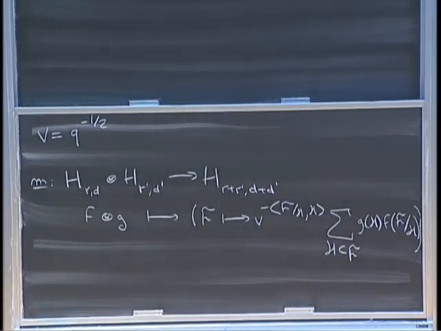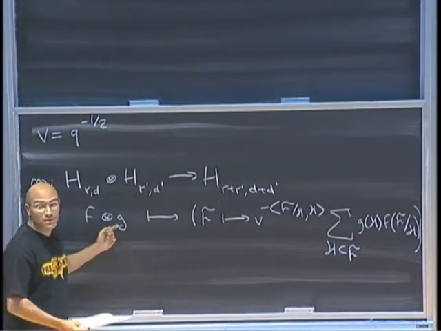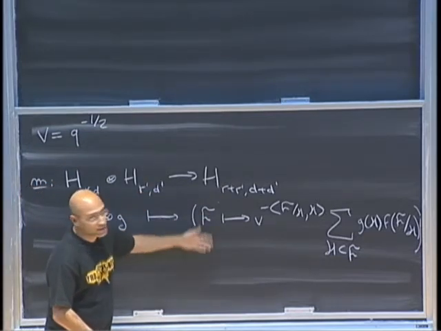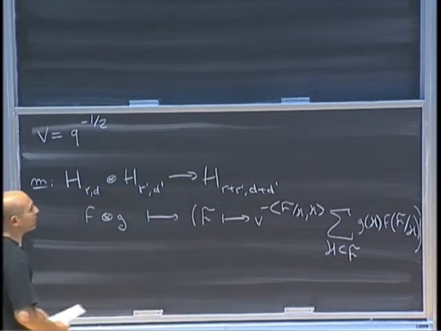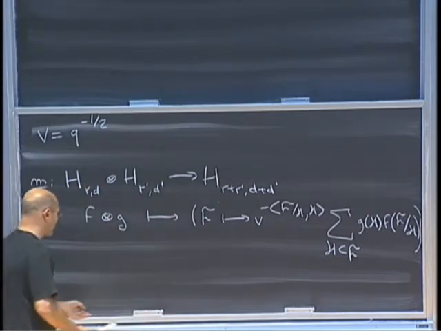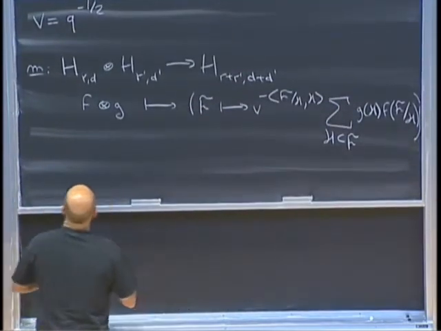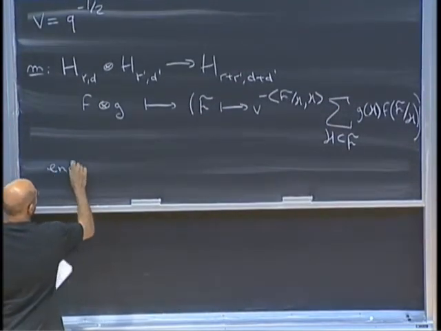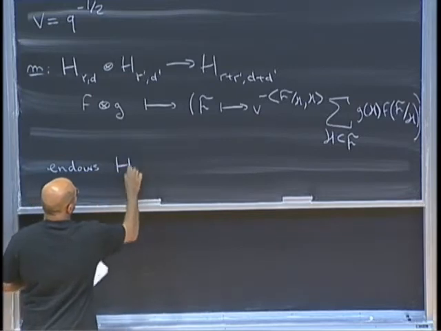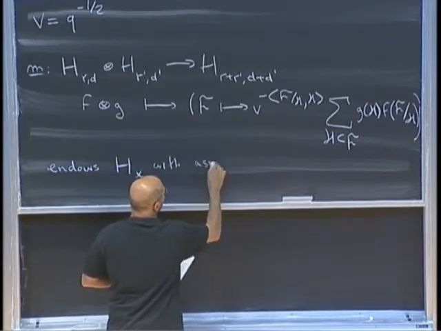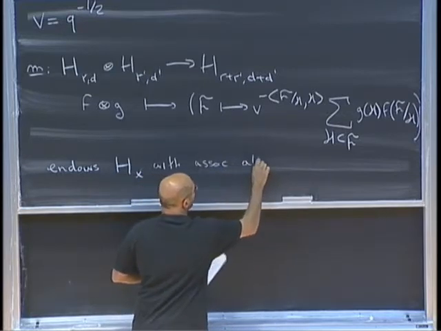So in some sense, this encodes all the possible extensions between coherent sheaves. So if you choose one of them to be torsion, then this is exactly what some Hecke operators for GL_n do. And this endows H_X with an associative algebra structure.